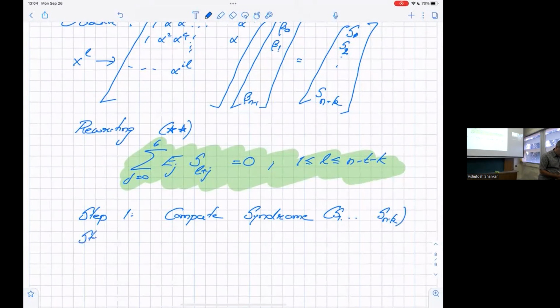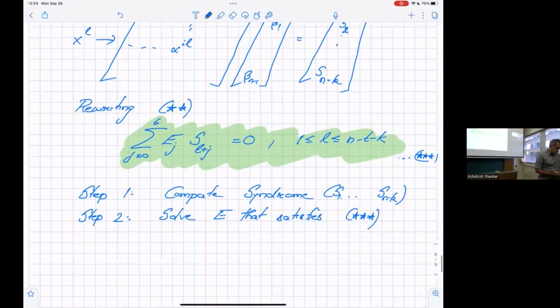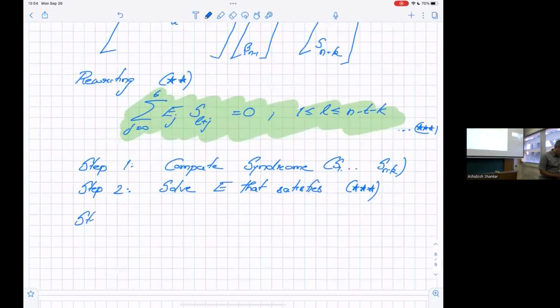Step 2, solve for E that satisfies the equations. Step 3, given E, find the error set and use the ratio.